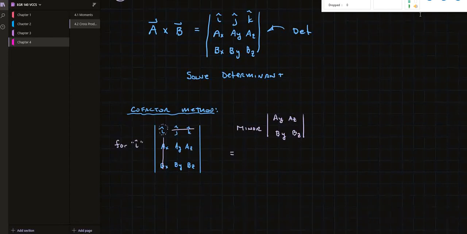It'll end up being the I term since I chose this here. Cross this out, created this minor. So our cofactor is going to end up being positive I. And then I'm going to multiply that by the determinant of this matrix, which is AY BZ minus AZ BY. That's just by the definition of that.